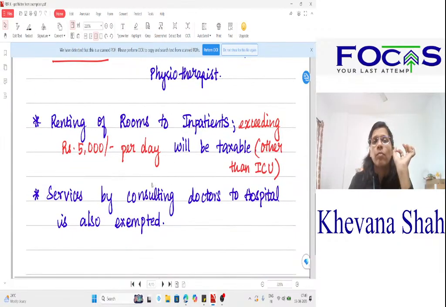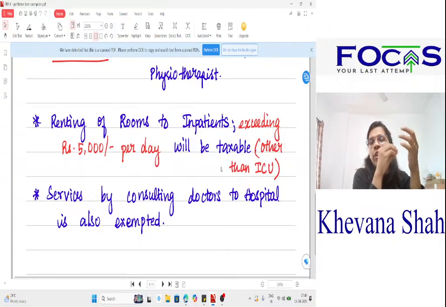Now, renting of rooms to inpatients exceeding rupees 5,000 per day will be taxable, other than ICU, NICU, etc. So any of the intensive care units, they are always exempted.